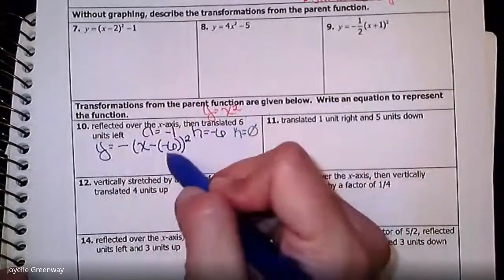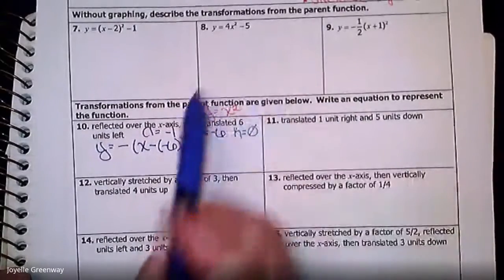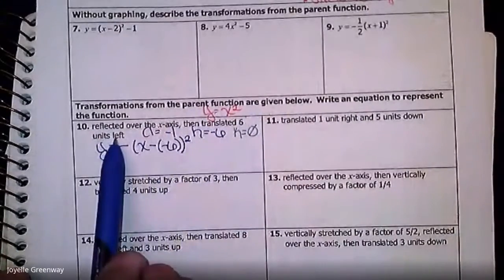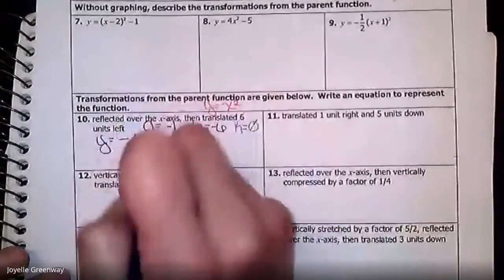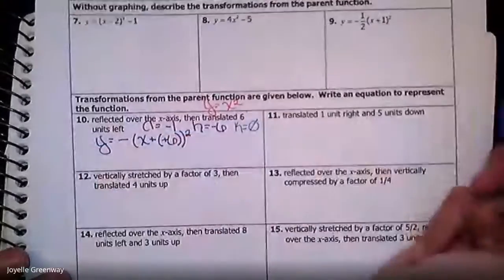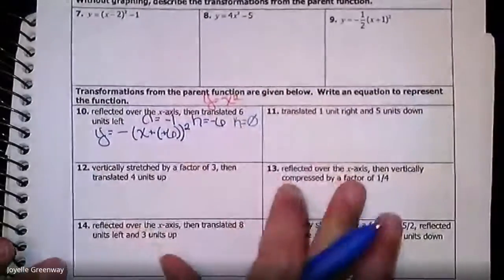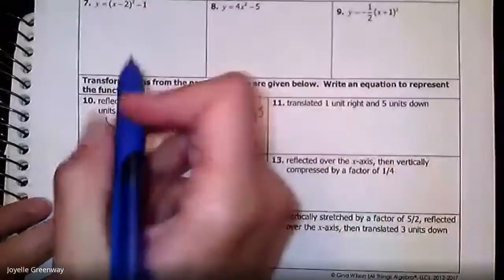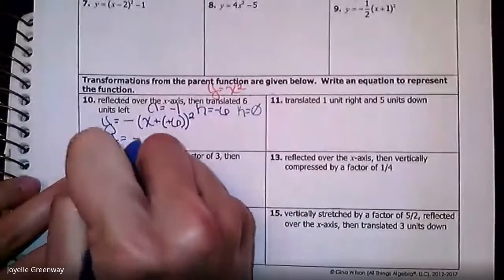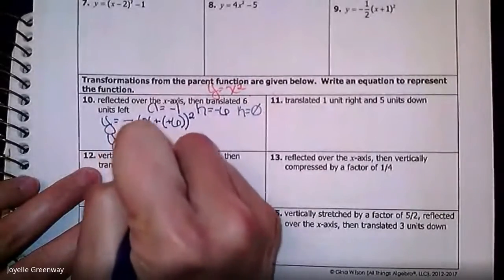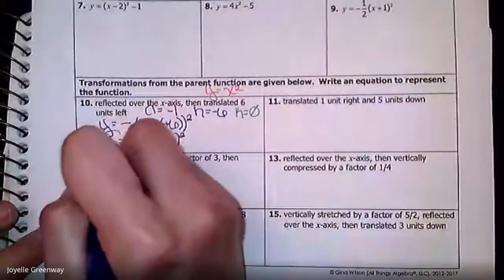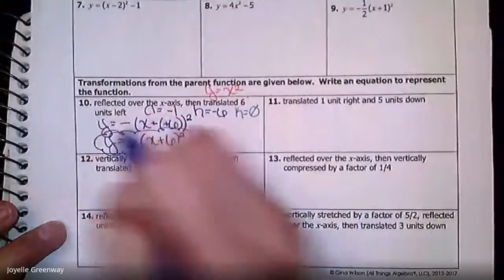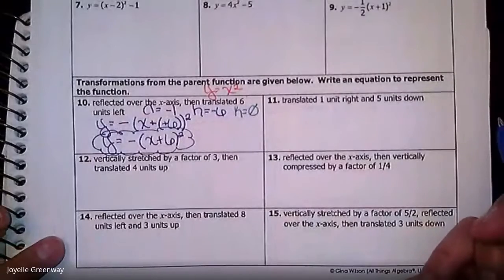I did this because I wanted to show you if it's translated 6 units left, that's negative, right? But we have minus a negative, and that makes it x plus 6. So y is equal to negative (x plus 6) quantity squared. That is your function. Okay.